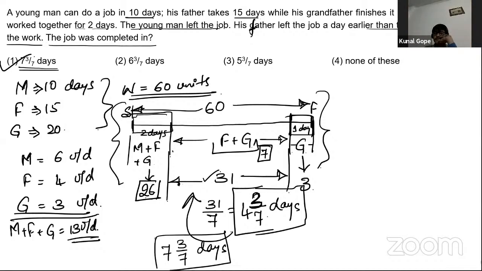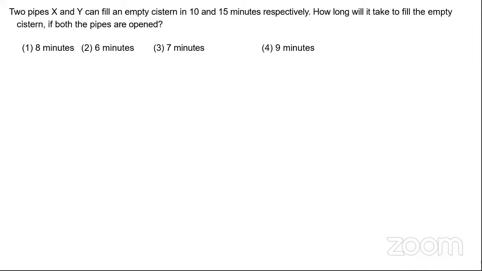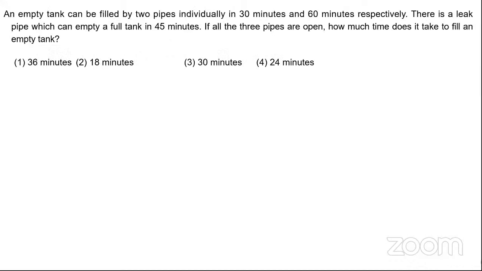So I'm going to quickly tell you about negative work before we get into this. What happens in negative work, guys? Negative work is nothing but a simple, straightforward, similar approach. Read this carefully. An empty tank can be filled by two pipes individually in 30 minutes and 60 minutes.